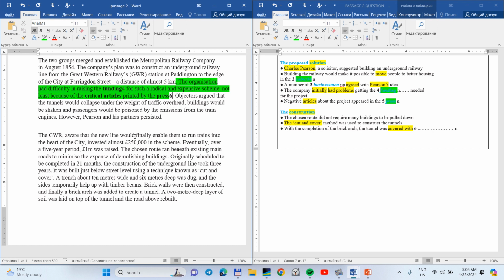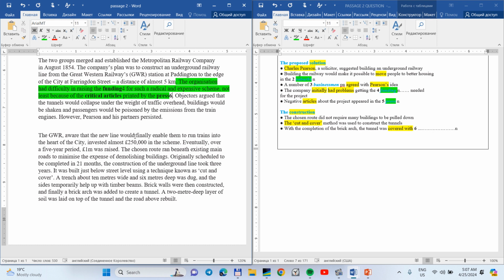GWR argued that the new line would finally enable them to run trains into the heart of the city. Yeah, it was possible. It invested about £250,000 in this scheme. Eventually, over a 5-year period, £1 million was raised.